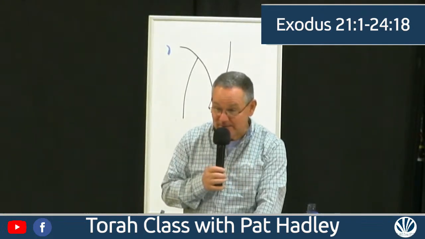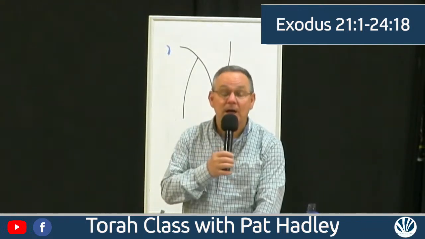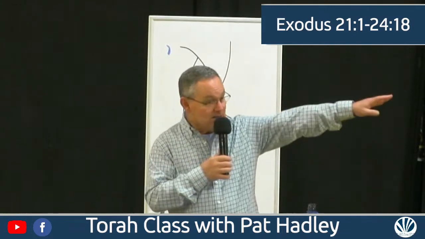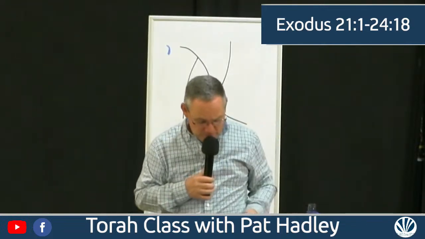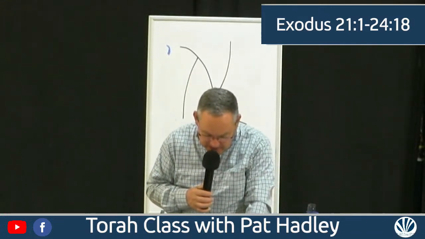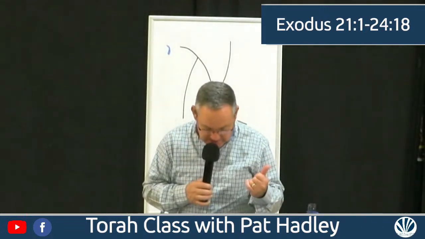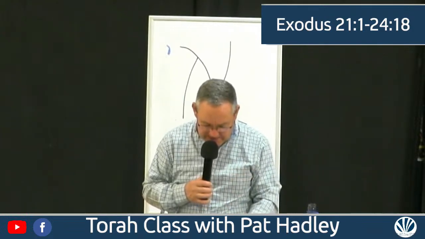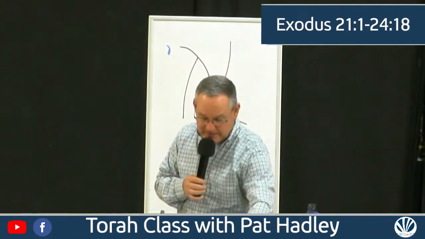Don't mess with the widows and orphans, other than loving them and helping them. Exact same thing we read in the book of James, right? About true religion, where he writes, the religious observance that God the Father considers pure and faultless is this: care for the orphans and widows in their distress, and keep oneself from being contaminated by the world.